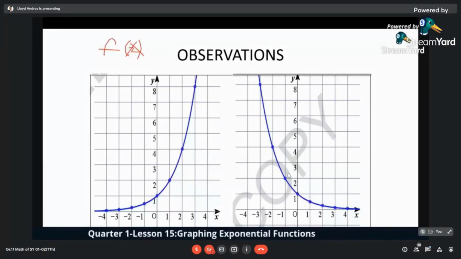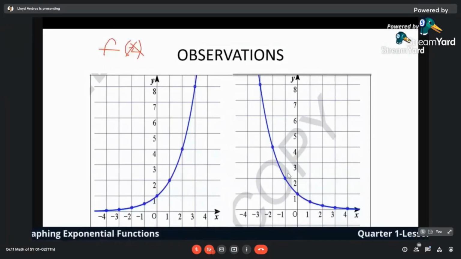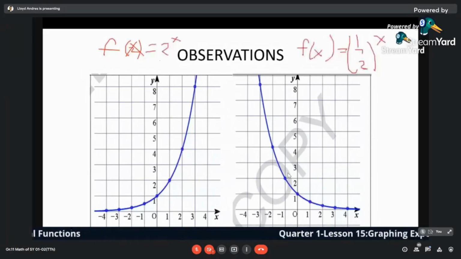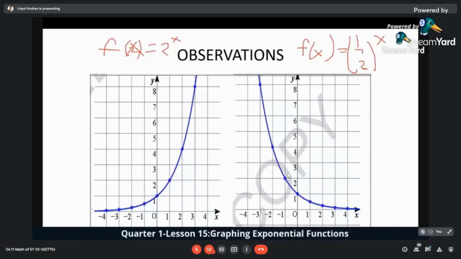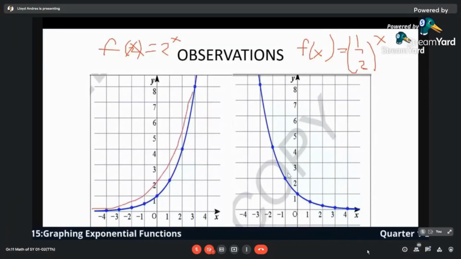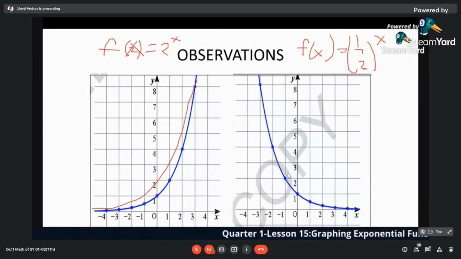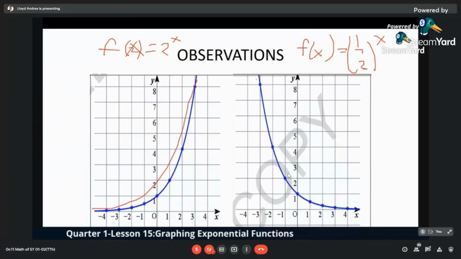So, observe that when your base is greater than 1, your graph goes up from left to right. But if your base is between 0 and 1, or a fraction between 0 and 1, it goes down from left to right.